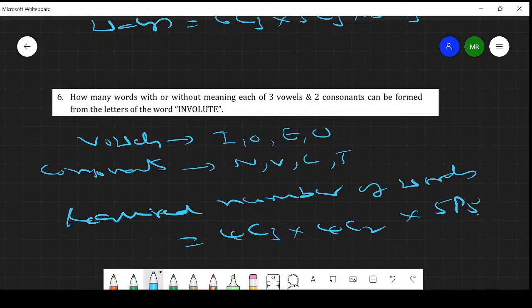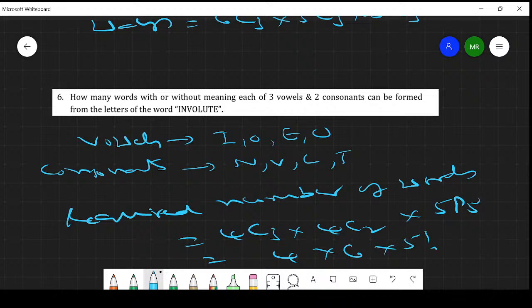Why 5P5? Because there are 5 letters in total, and among themselves they can change places in 5P5 ways. 4C3 is 4, and 4C2 is 4 into 3 by 2, which is 6. So 4 into 6 is 24, times 5 factorial, which is 120.